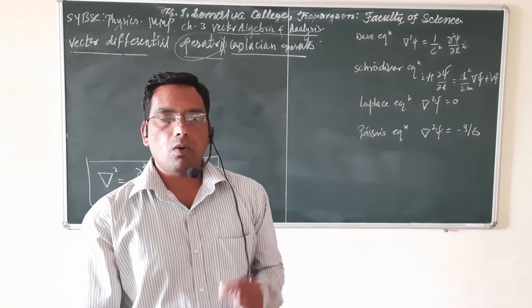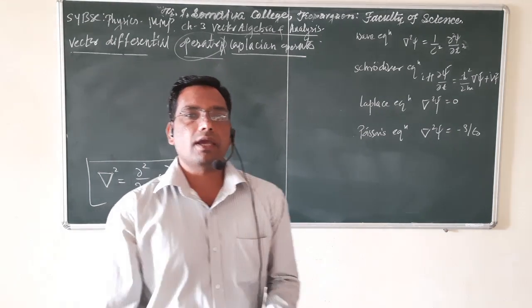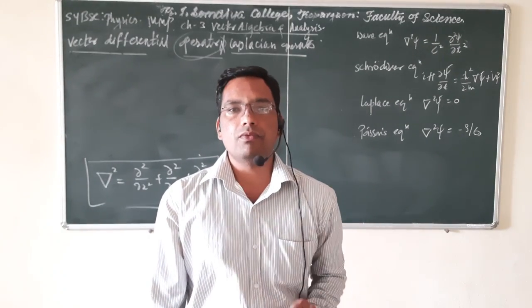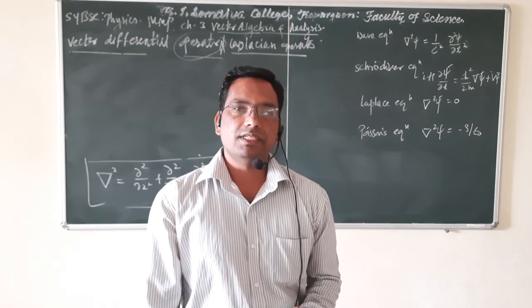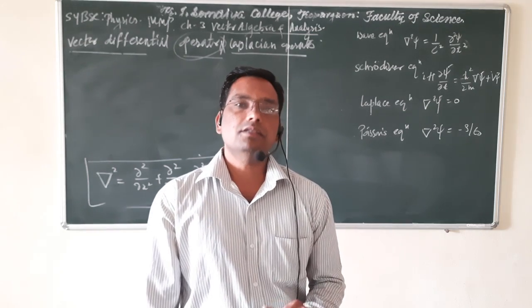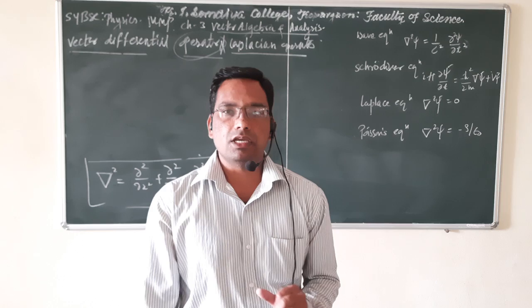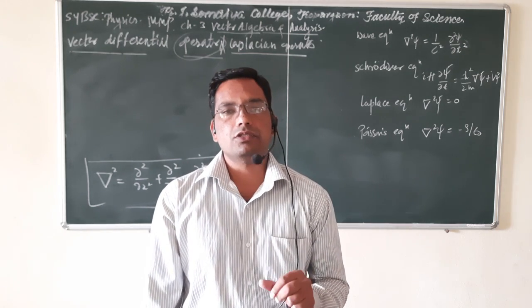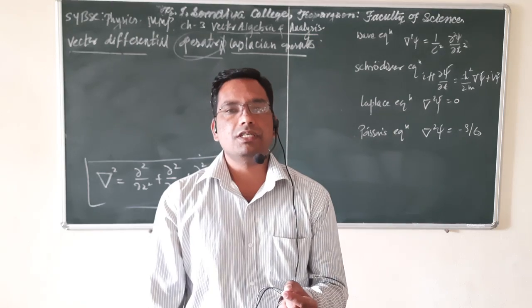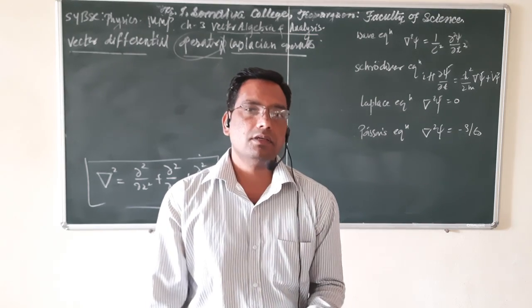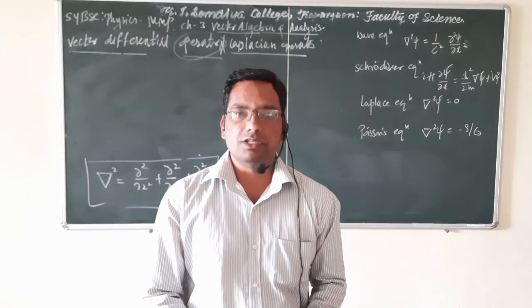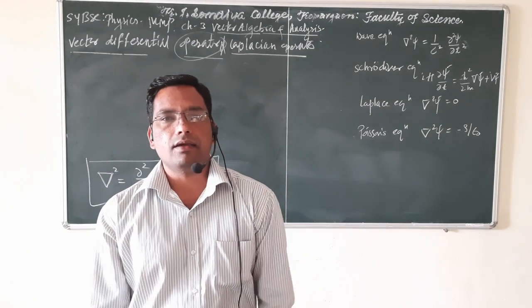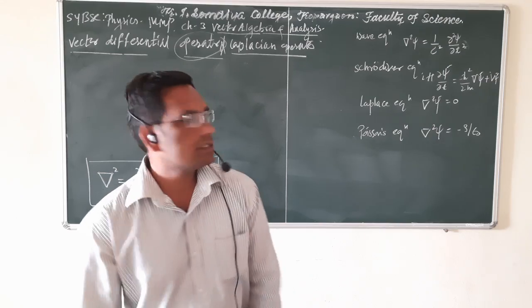You must have studied ordinary differential equations, in which we have total differentiation and only one independent variable. But in physics, in most cases we also have partial differential equations, in which the function is a function of more than one variable. So what are those equations in physics in which the Laplacian operator appears?